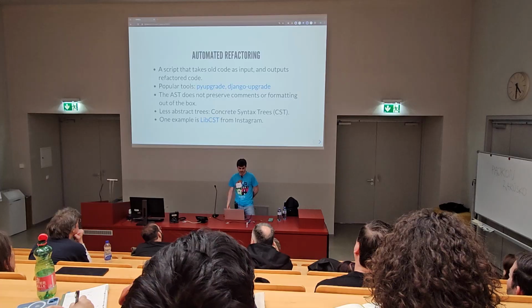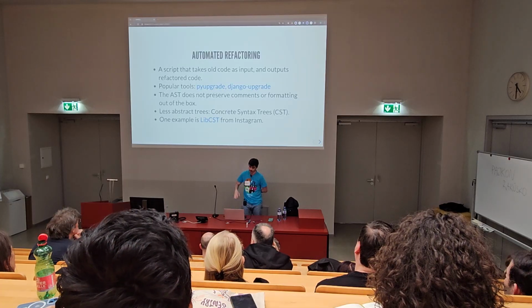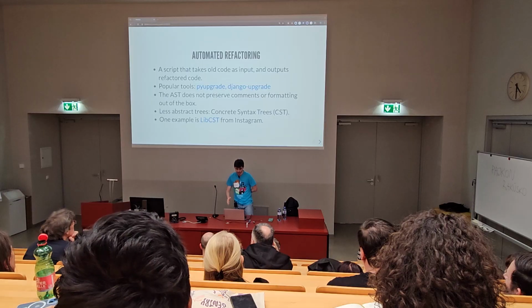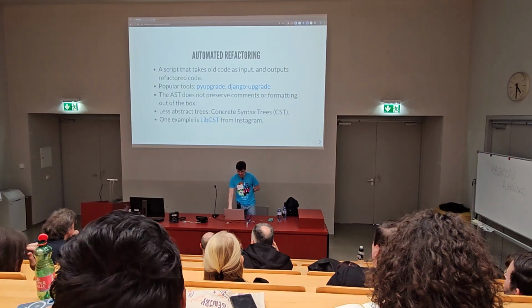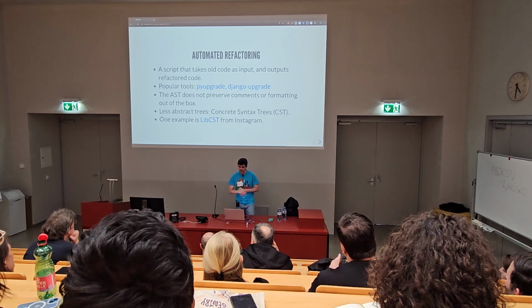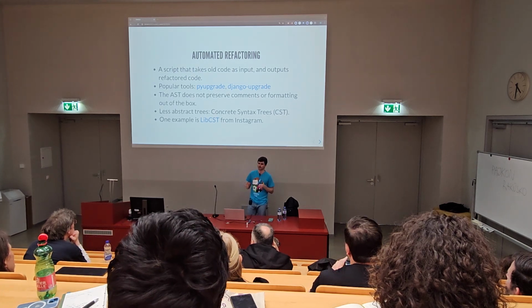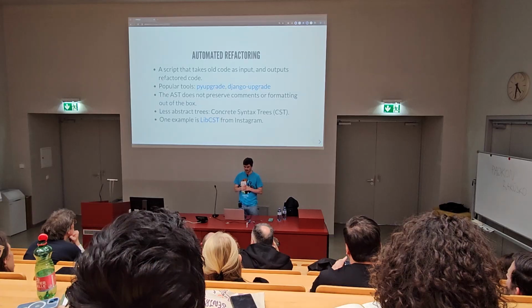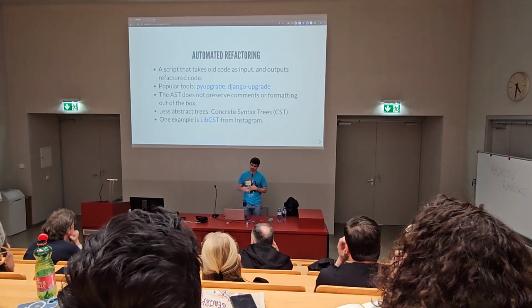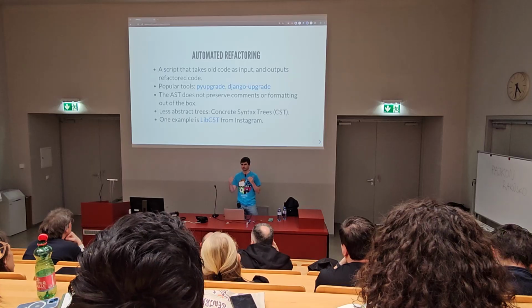One example is libcst from Instagram. I'm sure there are others, and I'm interested in what you used; I've only used libcst. You could use the AST and be careful about how you modify the code. That's what PyUpgrade and Django Upgrade do, I think, for performance reasons. But using a library like libcst lowers the bar to entry a little bit.